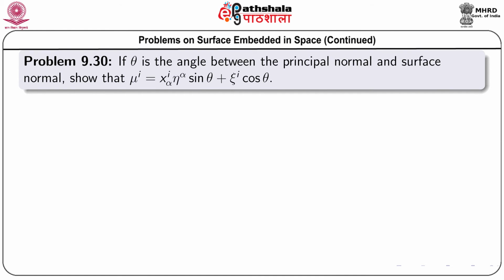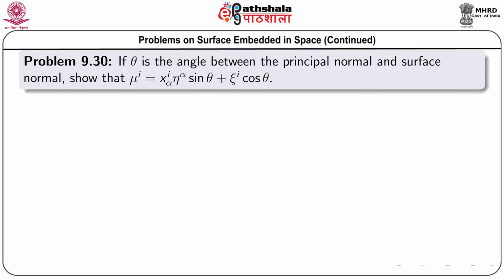Now, in the next problem, we find that if theta is the angle between the principal normal and the surface normal, then we have this relation: mu I equals to x I alpha eta alpha sin theta plus xi I cos theta.